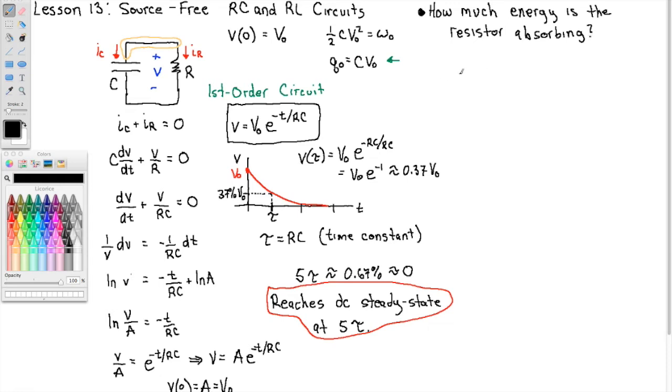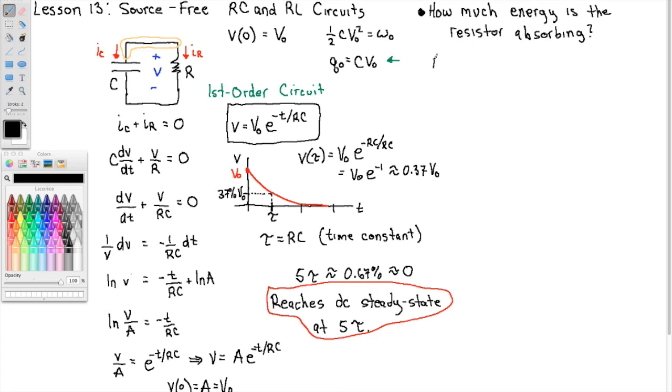Well, we don't know an equation of the energy in a resistor, but we do know the power in a resistor. The power is V squared over R, and we have the voltage across the resistor. It's this in the box.